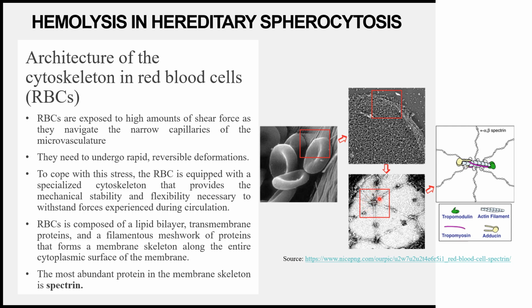In this illustration, you can see the transmembrane protein in the middle, supported by alpha and beta spectrin, which is the membrane skeleton made of a meshwork of protein.